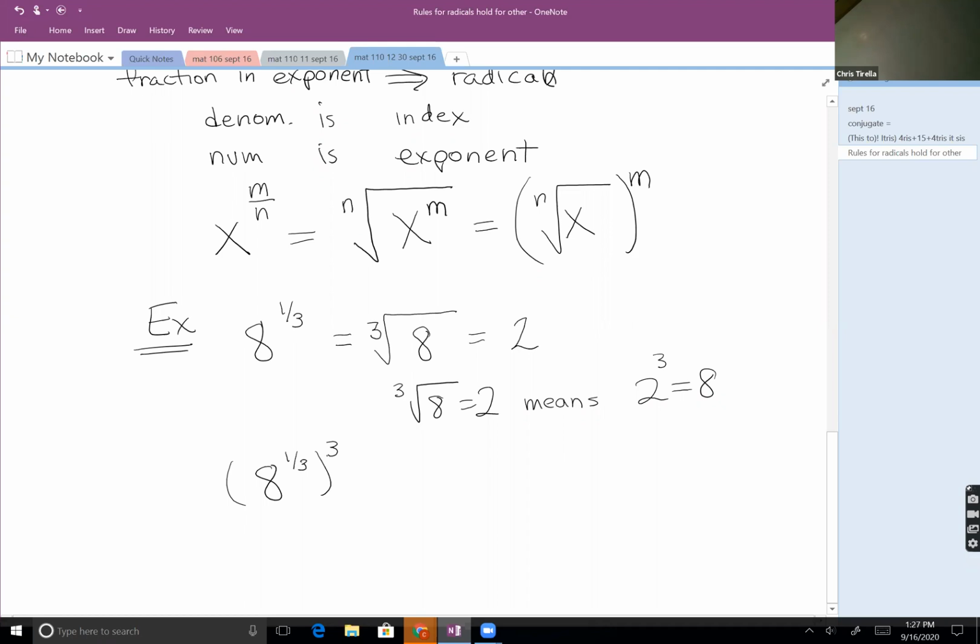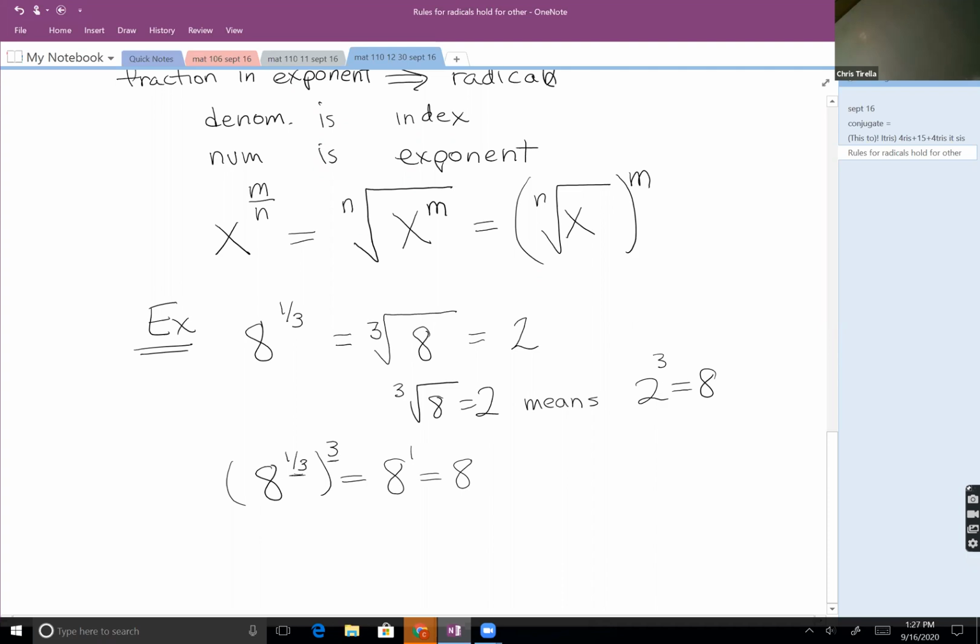So my exponent rules stay. They're the same as they were before, even when we had natural number exponents. Does everybody remember when I raise a power to a power, I multiply those exponents? And so when I take 1/3 times 3, I get 8 to the 1st, or 8. And so since when I raise that to the 3rd power, I get 8, that is the same as the cube root of 8. And that's a little bit of the why.